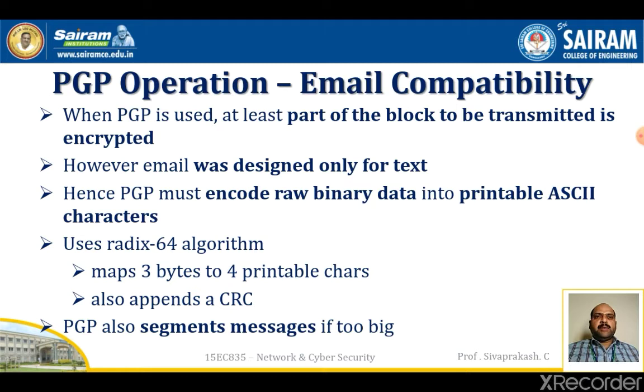As an option, PGP can be configured to convert to Radix 64 format only the signature portion of a signed plain text message. This enables the human recipient to read the message without using PGP. PGP would still have to be used to verify the signature.